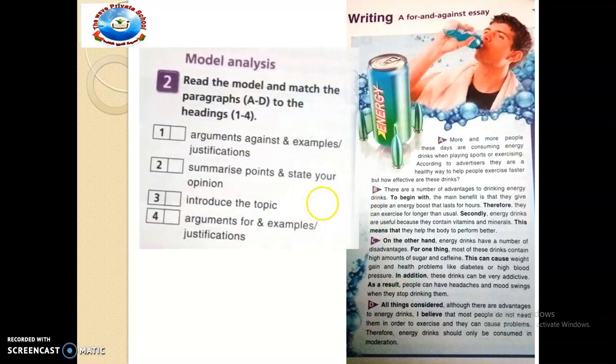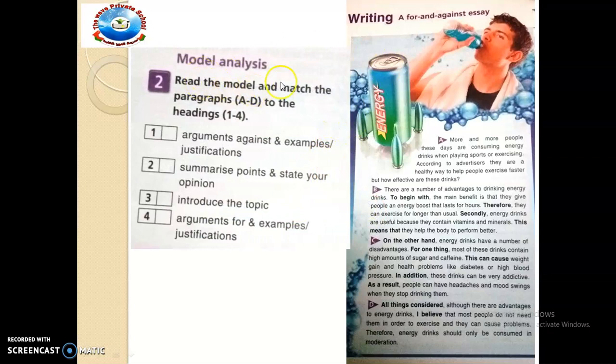It says, read the model and match the paragraphs A to D to the headings 1 to 4. So we have A to D and we have headings 1 to 4. So read it and match. Then you can check if your answer is right. So we have C, D, A, and B. Did you get that right?